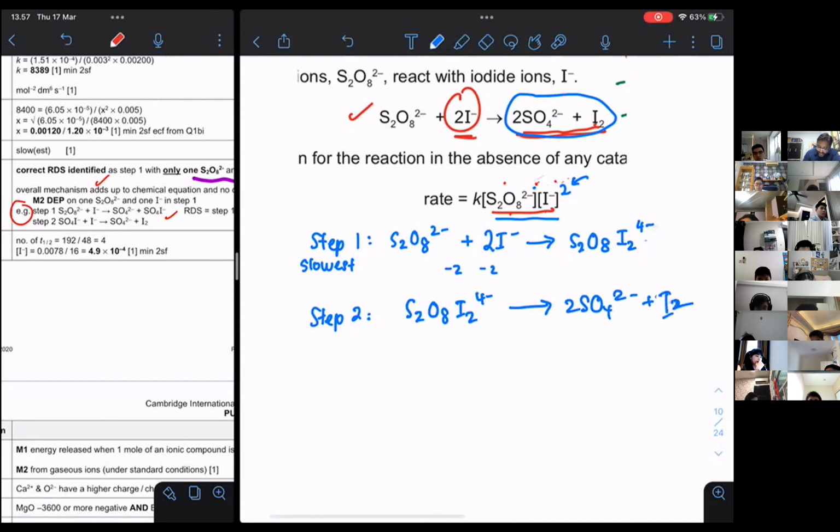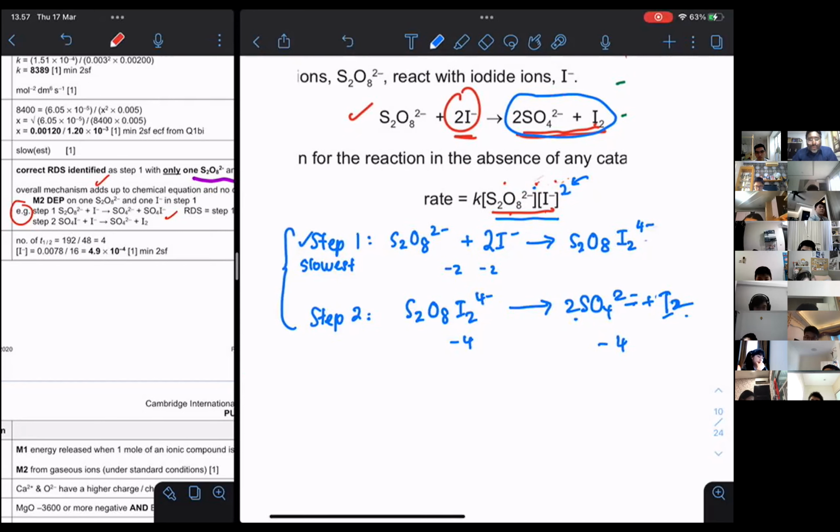But you need to check whether your charges are the same, left and right. You see -4 here, -2 only. No need to worry. 2 times -2 is -4. So left and right is the same. So this is going to be the answer. If they ask you to identify the slower step, it is step number 1. Is that clear, Ewan?